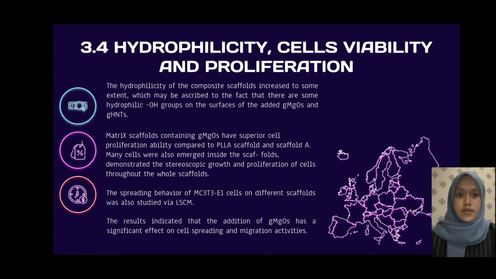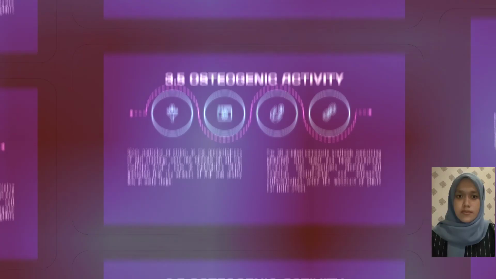The spreading behavior of MC3T3-E1 cells on the different scaffolds was also studied via LSCM. Cells on all scaffolds show enhanced pseudopodia and spreading area. According to Ridley's studies, the cell migration process was greatly regulated by CDC42 and RHO family proteins.